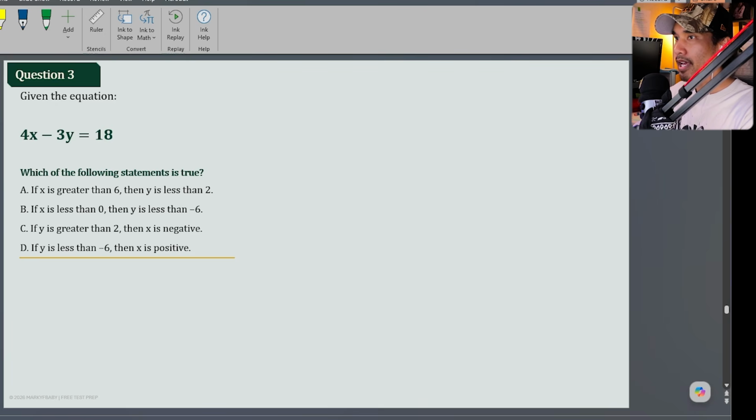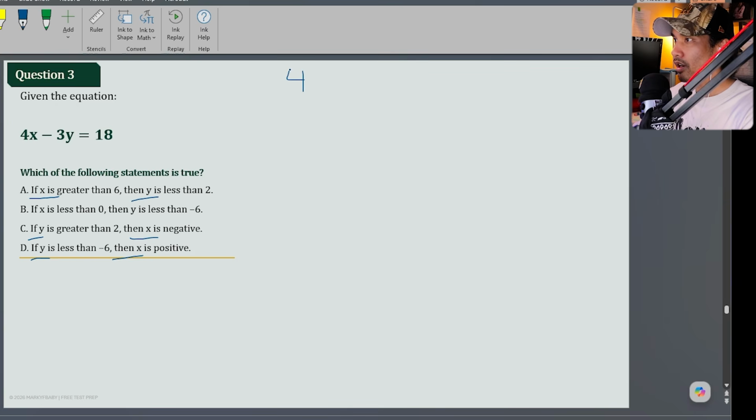We are testing for x first, because if we look at the answer choices, we are also testing y. So if y, then what happens to x? And the first two is if x, then what happens to y? So what I would do first is rearrange the equation to isolate y on one side.